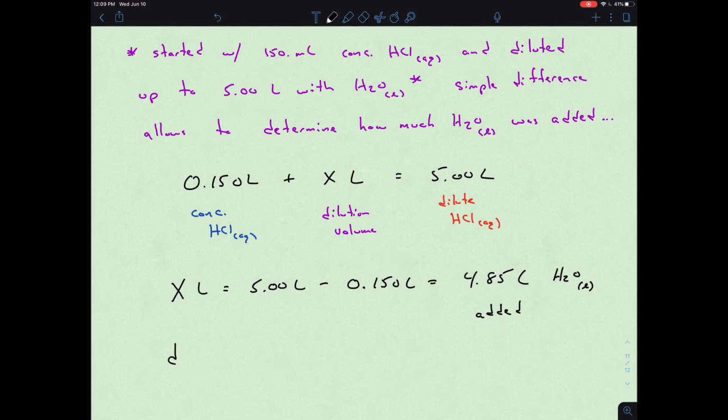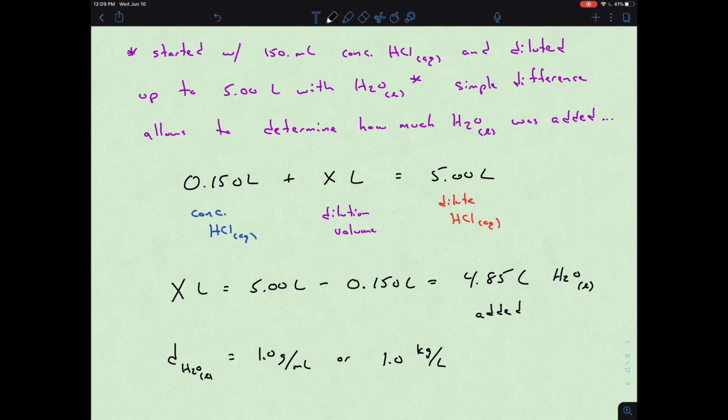So we have our density of the H2O as 1 gram per milliliter, but we could also change the units in terms of kilograms per liter. Notice I've changed both the units in the numerator and the denominator by 1,000.